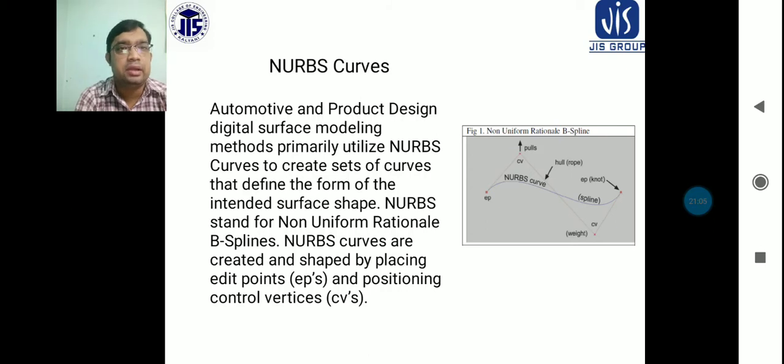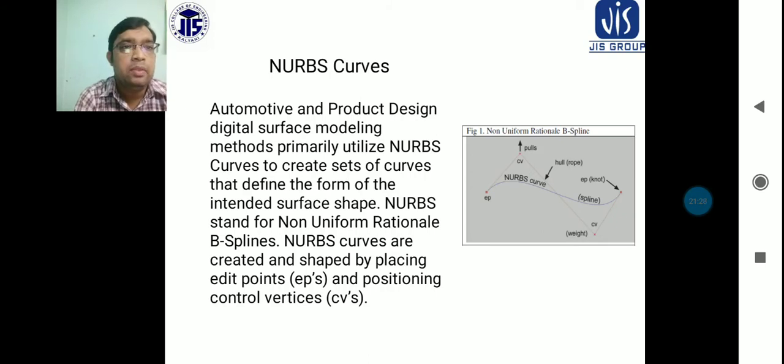The NURBS curve is found here, in automotive and production design industry. Digital surface modeling methods primarily utilize NURBS curves to create sets of curves that define the form of the intended surface shape.